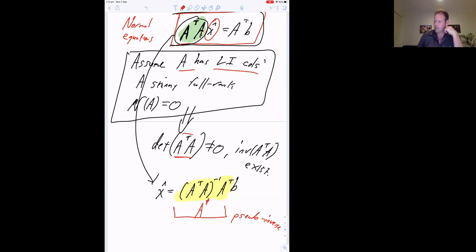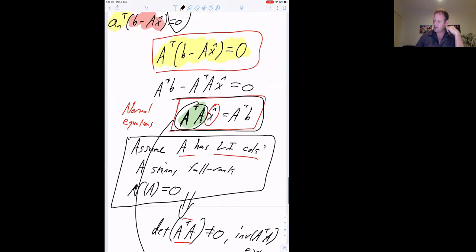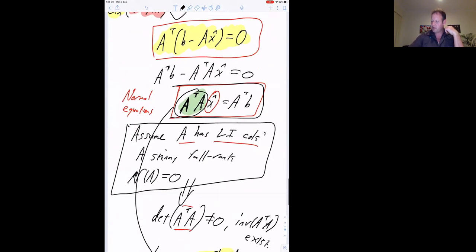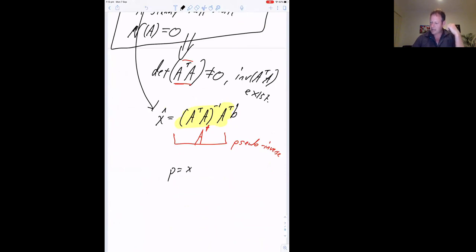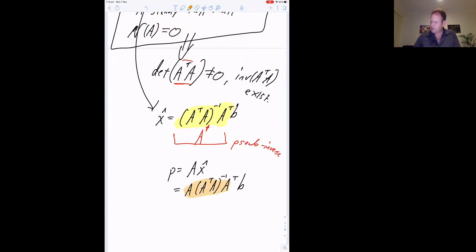So if X hat tells us how to do a linear combination of the columns of A to get the projection P, then the projection P is A times X hat, which we can now write as A times A transposed A inverse A transposed B. This thing I'm highlighting now is not as important as the pseudo inverse, but it's a friend of the pseudo inverse.